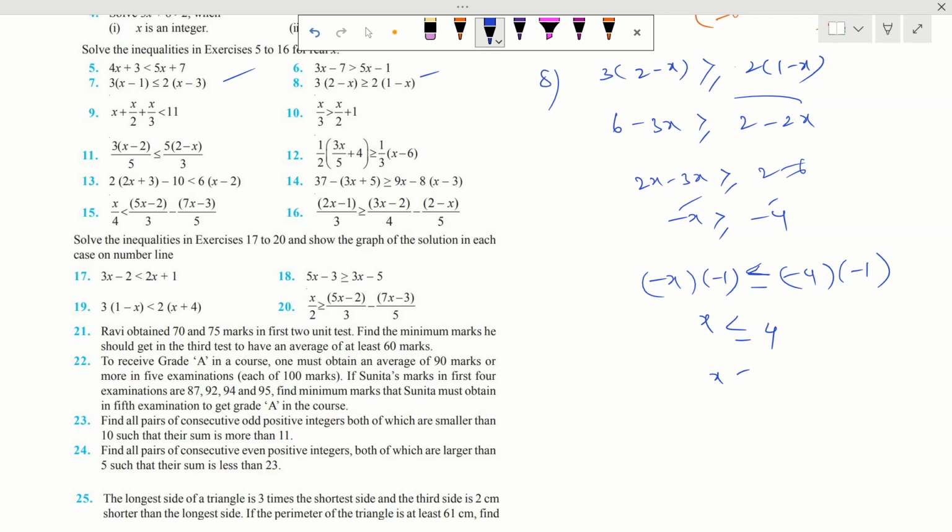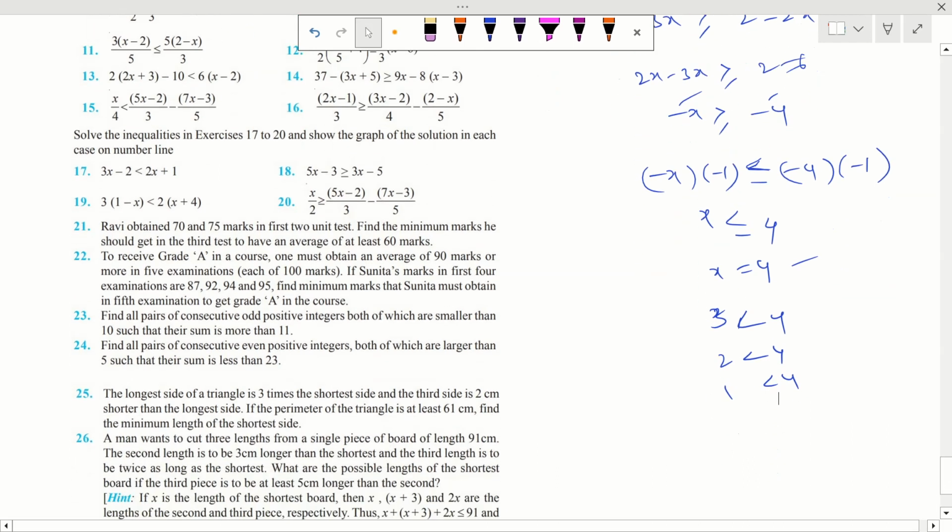Here x equal to 4 is a solution of this equation, and other than 4, 3 is less than 4, 2 is less than 4 and 1 is less than 4.